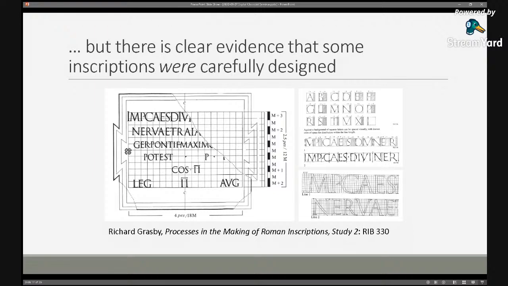This is a grid which essentially controls the layout of the text, and you can see it's divided up into these modules, and some of the lines correspond directly to that measurement, and some of the lines have some additional spacing.